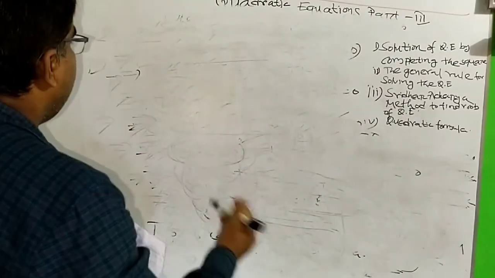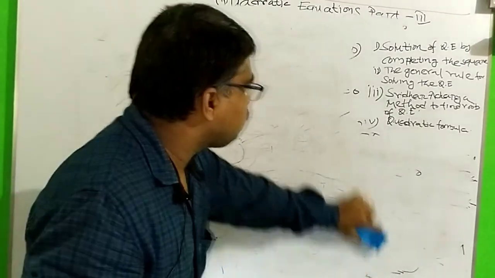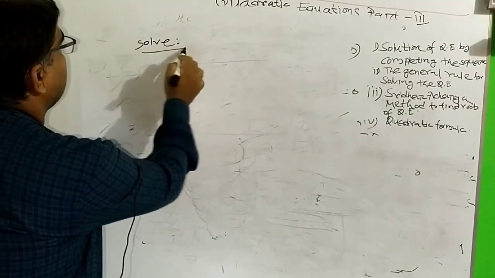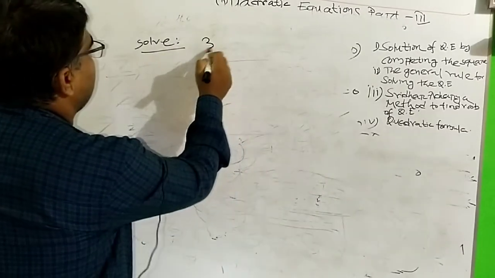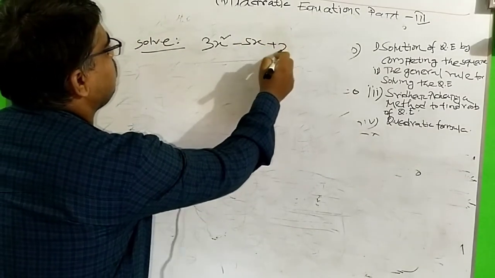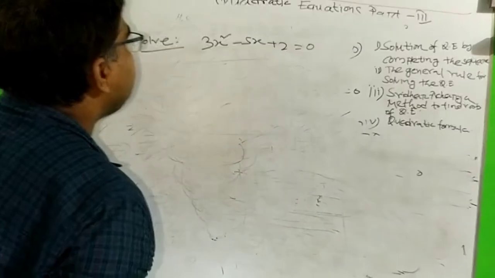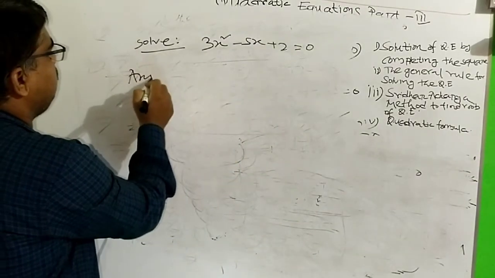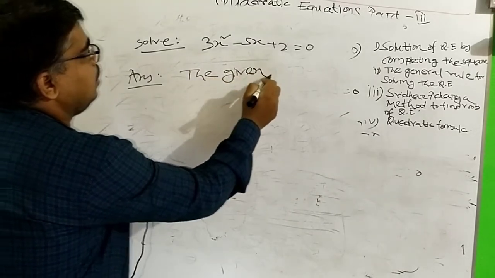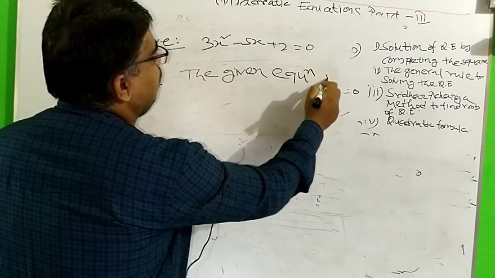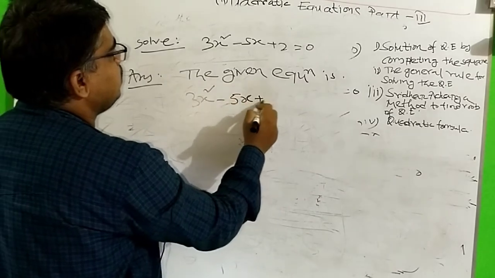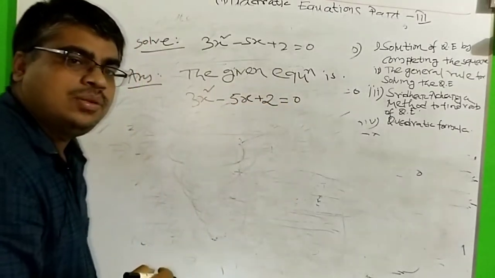Let us solve 3x square minus 5x plus 2 is equal to 0. Answer: the given equation is 3x square minus 5x plus 2 is equal to 0.